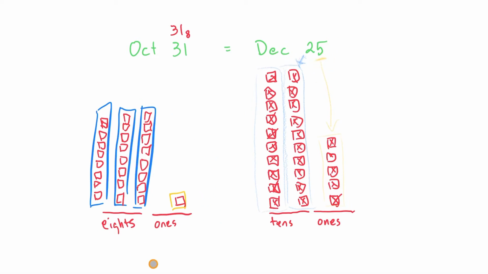It's just a different representation, a different organization, looking at 3 groups of 8. That is 3 times 8 is 24 plus 1 is 25. So that's a little bit about modular arithmetic.